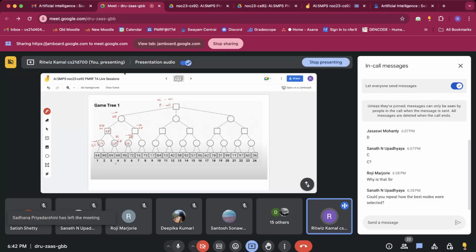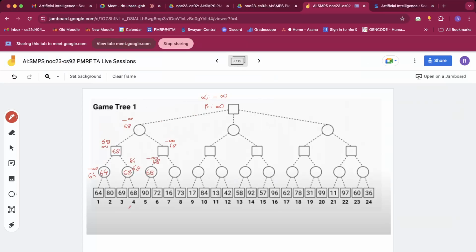Clear up till this point? Okay, so I'm assuming it's clear.